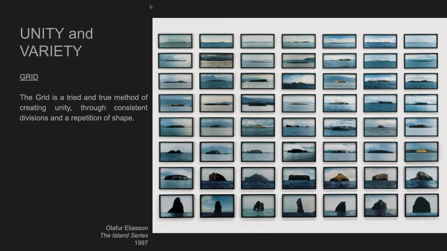I find this grid interesting because it's all the same width, and predictably, the frames get a little bigger, bigger, bigger, bigger, bigger, all the way down. All of these islands, what he's calling islands, are about the same height, all the way up. But he's using the grid to create unity.